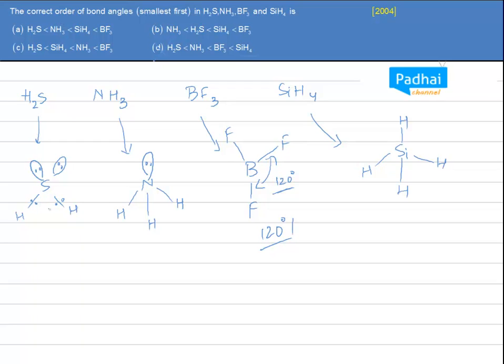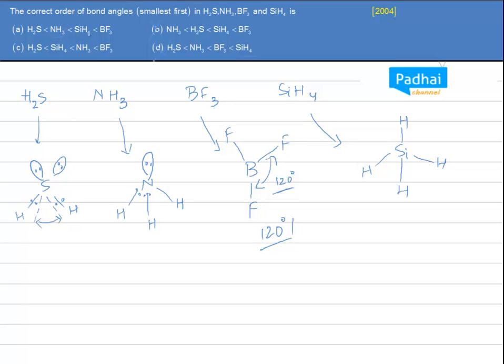Hence, there will be less repulsion, right? So that means their bond angle will be less. Its bond angle will be less because their bonds can now be closer, right? But in nitrogen, it will be a little farther away. That means we can directly eliminate option B also because it is saying NH3 is having the smallest bond angle, which is wrong, but H2S is having the smallest bond angle.